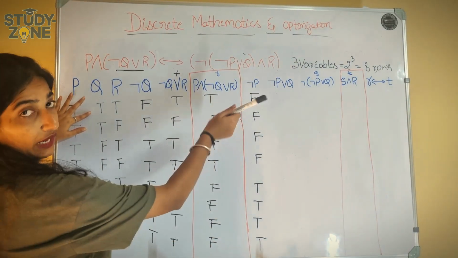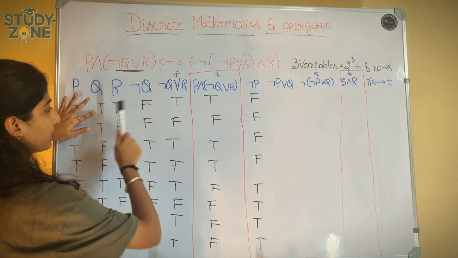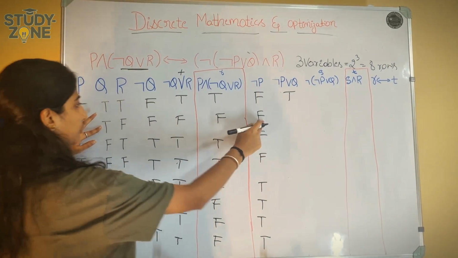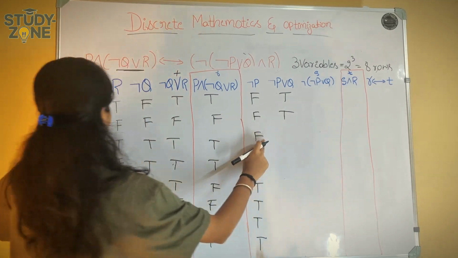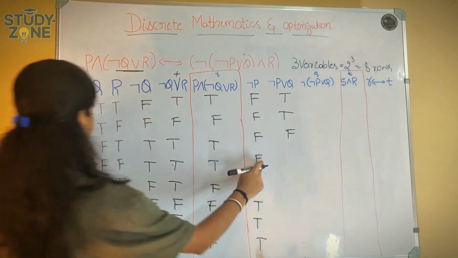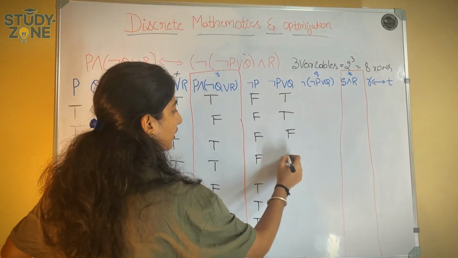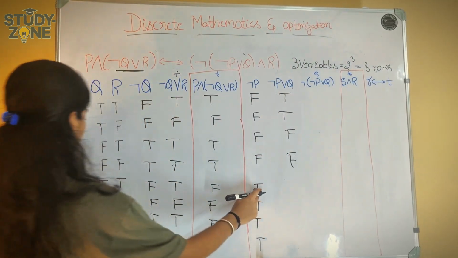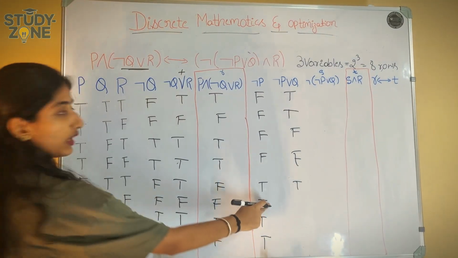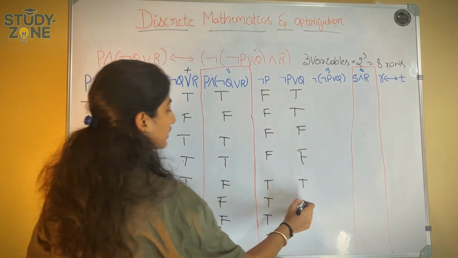So addition: false plus true, true. False plus true, true. And then false plus false, false. False plus false, false. And then true plus true, it is true. True plus true, it is also true.